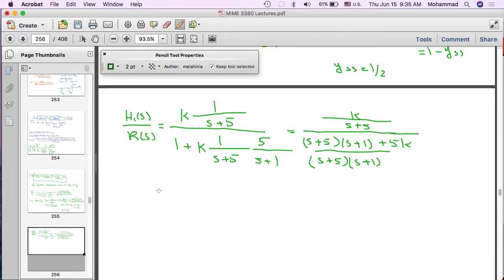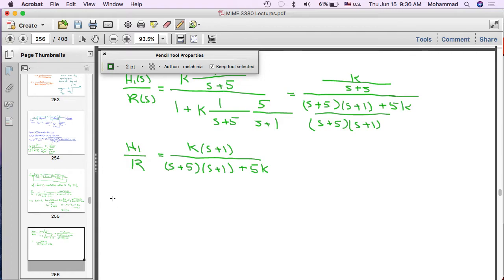So if you further simplify this, you will have k times s plus 1 in the numerator, and in the denominator you have s plus 5 times s plus 1 plus 5k. What is this? This is h1 over r as the transfer function. So what is the benefit? You can, for example, when r is 1, which means r of s again is 1 over s, calculate h1 steady state.